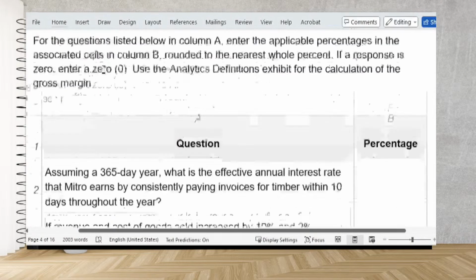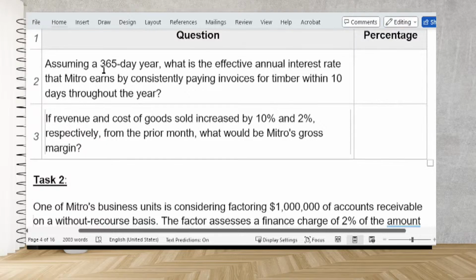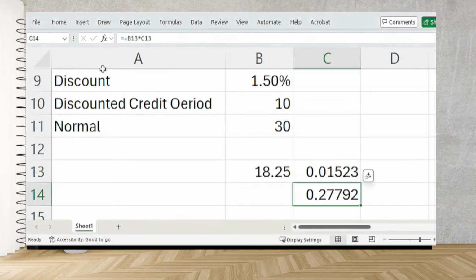Now second, if revenue and cost of goods sold increase by 10% and 2% respectively, what would be Mitro's gross margin? Okay, so in a gross margin, basically we are not going to consider the effect of that discount, because whatever may be the saving or expenses, that is after the gross margin.